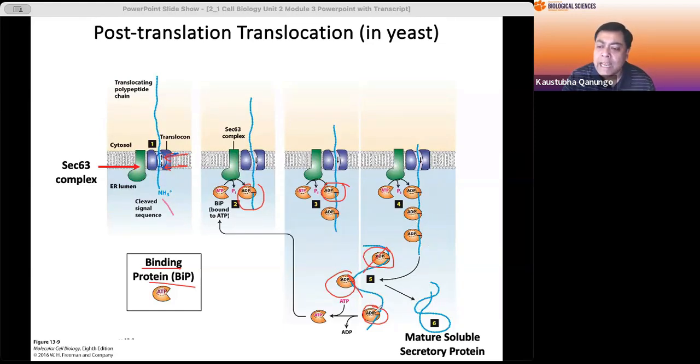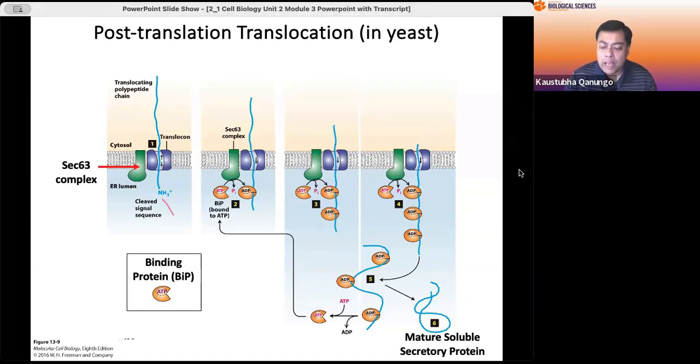So they will stay in the lumen, and once they are folded, mature soluble secretory proteins, the folded protein has a much larger diameter and it's 3D, so it will not slide back either. So only the protein in its linear unfolded form can slide back and forth. And this is an example of a post-translational translocation that is seen in the yeast sometimes.